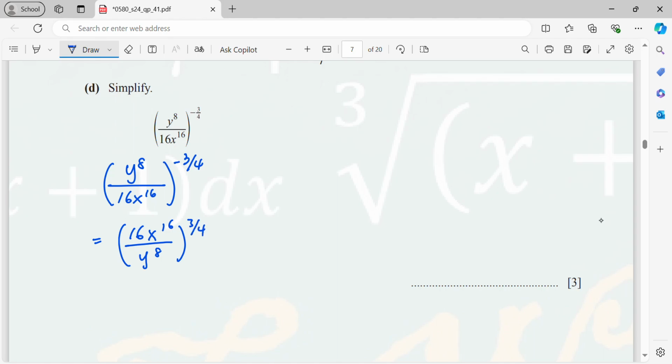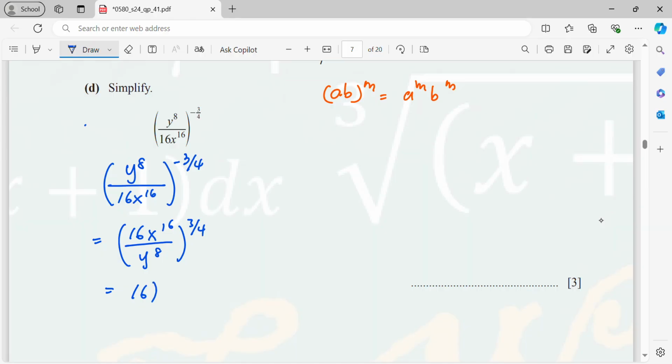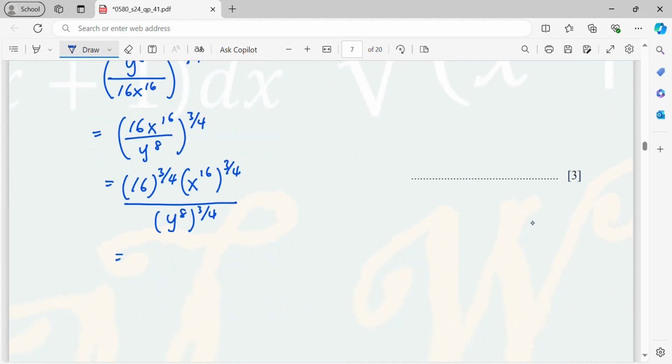Now bring in the power, because we have the formula (AB) to the power m is A to the power m, B to the power m. So now I will write 16 to the power of 3 over 4, x to the power of 16 with the 3 over 4 degree, over y to the power 8 to the power of 3 over 4. Then here the 16 you can change to 2 to the power 4.